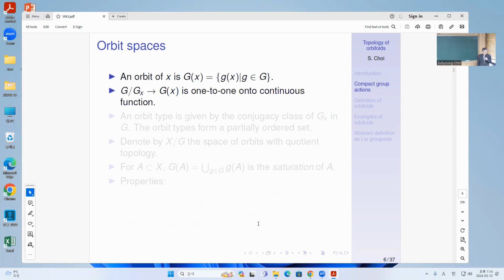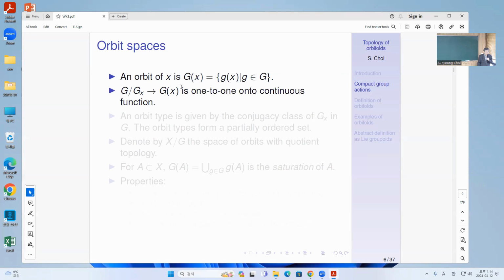And then G mod G_x maps to Gx by a one-to-one, onto, continuous function. So you mod out G by the stabilizer, then this is one-to-one and onto, right?